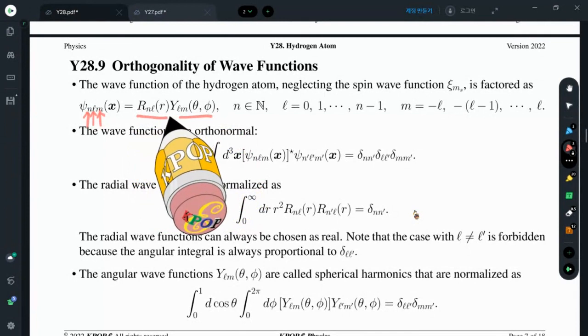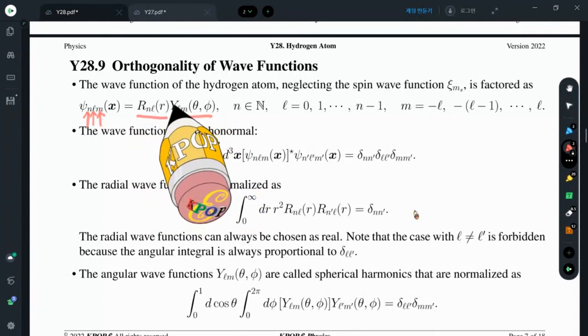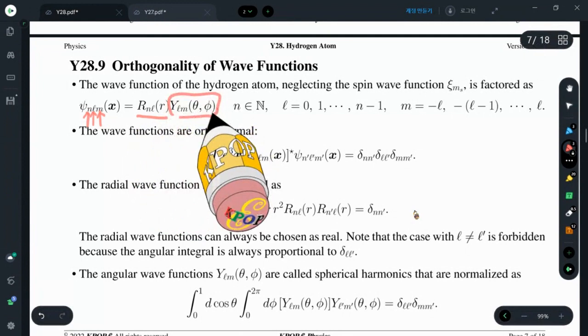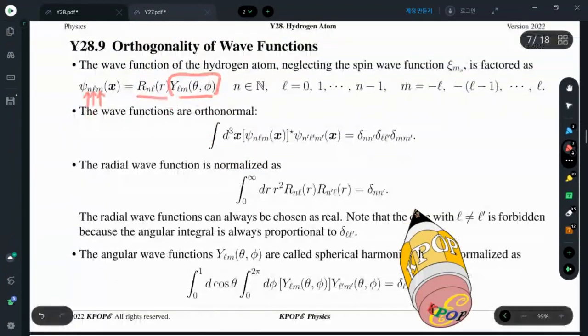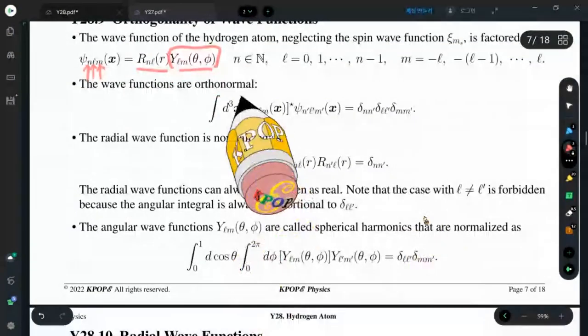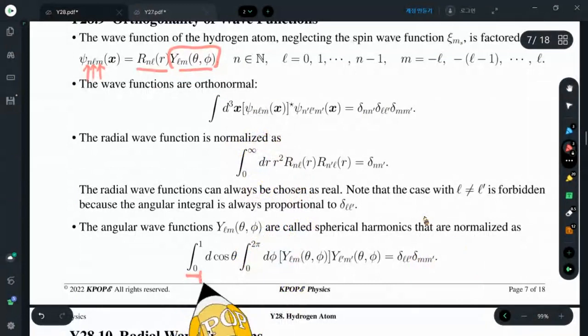The radial part is always separable as a factorized form. However, theta and phi are mixed. Their derivative operators are mixed, and in general we cannot separate them. There is a correction: this one must be -1 instead of 0.